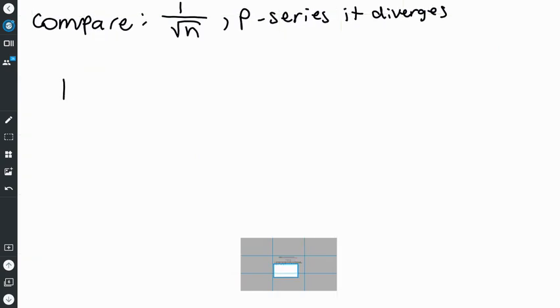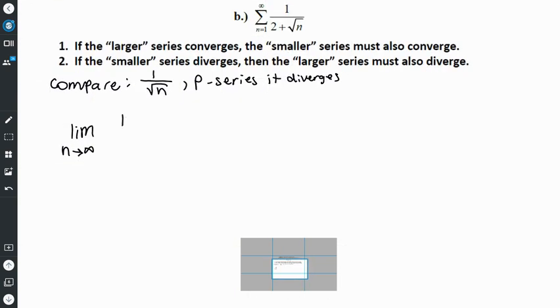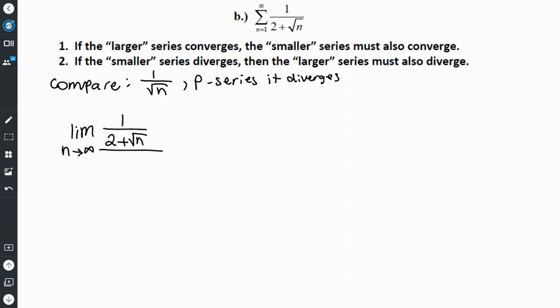We do the limit as n approaches infinity of the original series over the comparison series, which in other words is the same thing as multiplying the original by the reciprocal of the comparison.